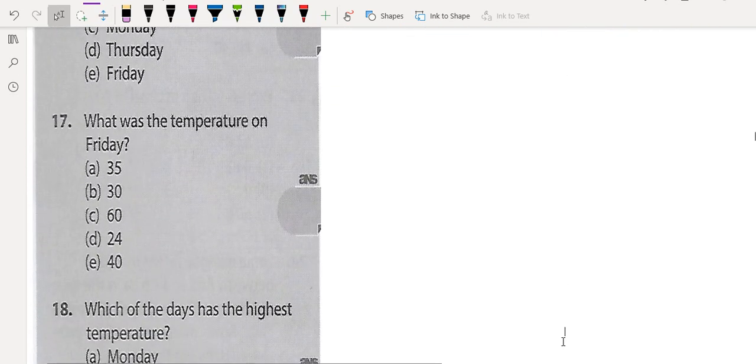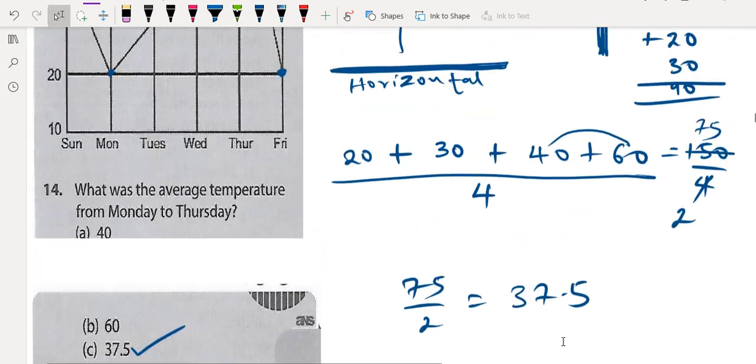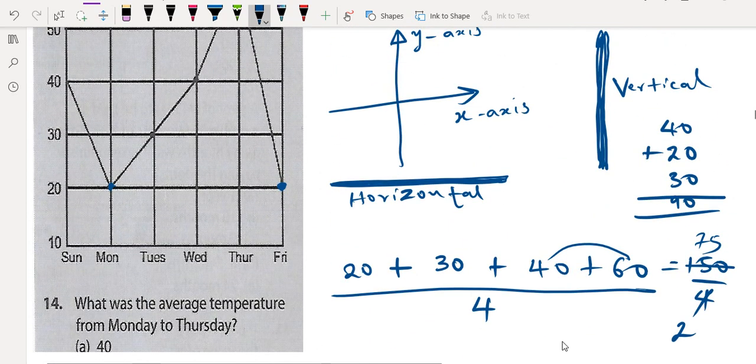Number 17. We can see now that there's no 20 there for Friday, right? So you can see that Friday wasn't 20. This Friday is not 20. I think it stopped somewhere here, about 24.